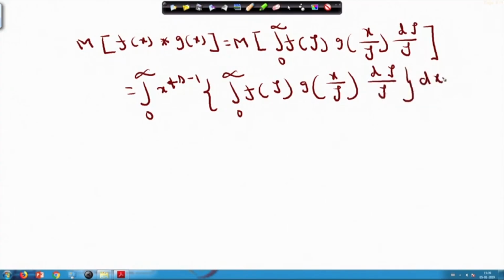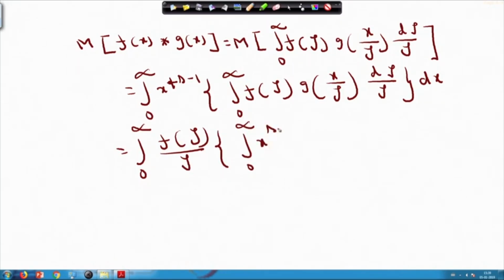If I change the order of integration, that is dx and dη, I can bring f(η)/η outside, and inside comes the other integral from 0 to infinity of x to the power s minus 1 g(x/η) dx, and dη.